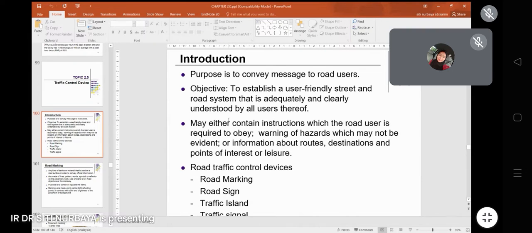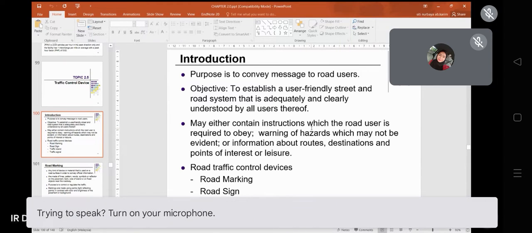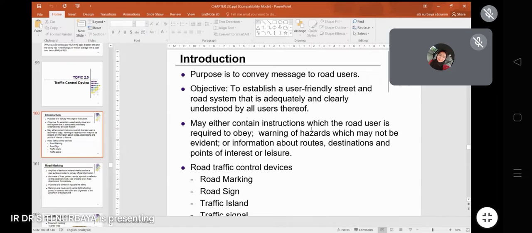The messages may either contain instructions which the road user is required to obey, warning of hazards which may not be evident, or information about routes, destinations, and points of interest or leisure. By right, the messages must be short enough and concise to be seen by the drivers and the passengers.